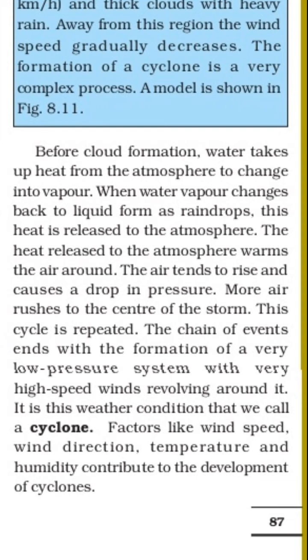The heat released to the atmosphere warms the air around, and the air tends to rise and causes a drop in pressure. More air rushes to the center of the storm, and this cycle is repeated. The chain of events ends with the formation of a very low pressure system and very high speed winds revolving around it.